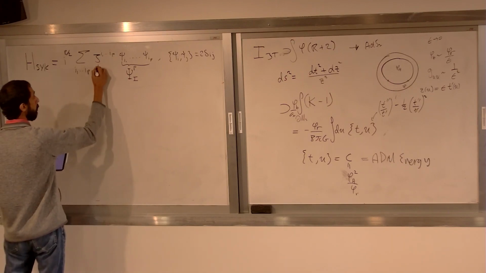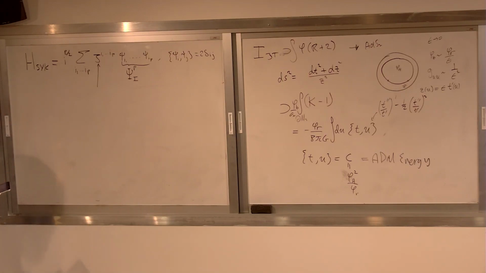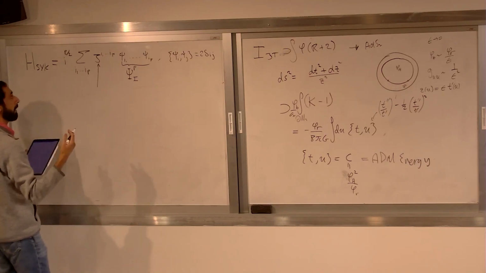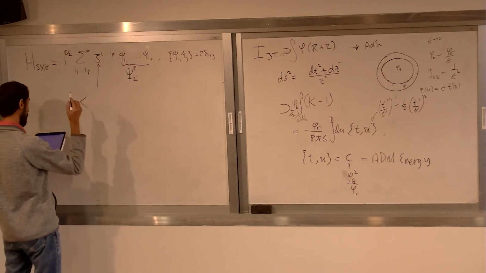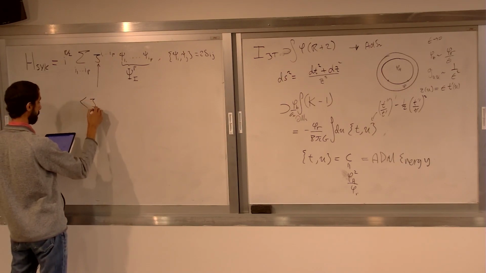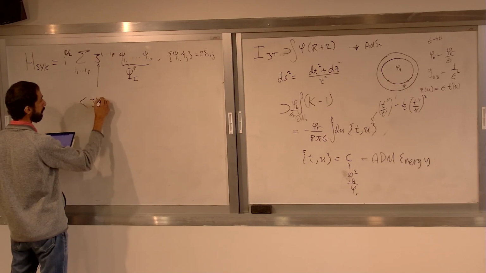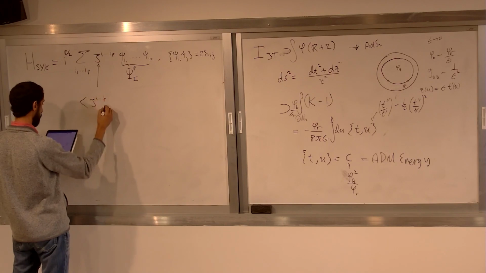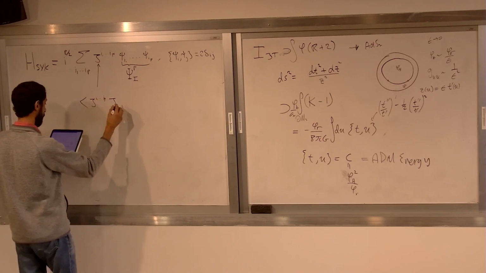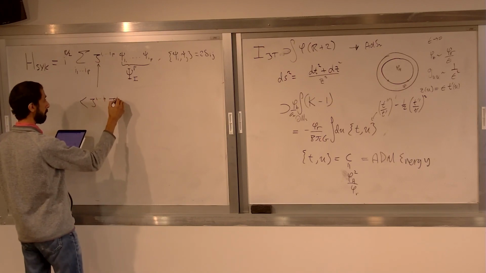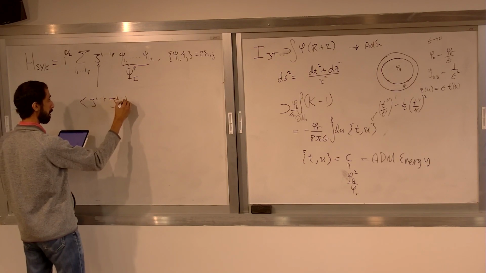These coefficients here, these couplings, are drawn from a Gaussian distribution that satisfies the following variance.